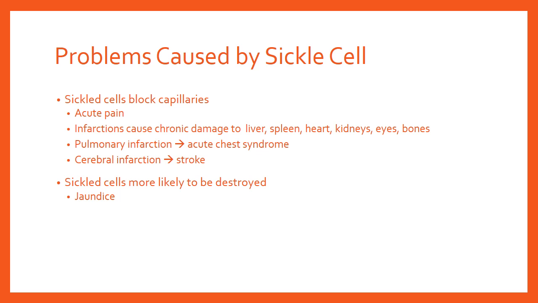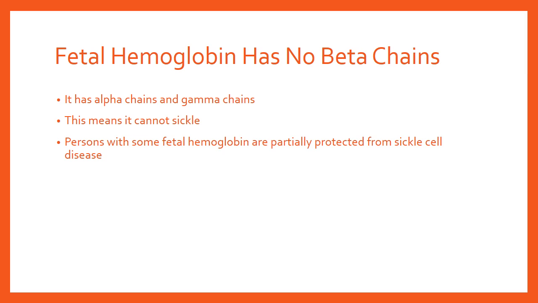Sickled cells are being destroyed extensively, so the patient may develop jaundice as a result. People who have some fetal hemoglobin, which has only alpha chains and gamma chains, are protected from sickle cell disease because neither alpha nor gamma can sickle.